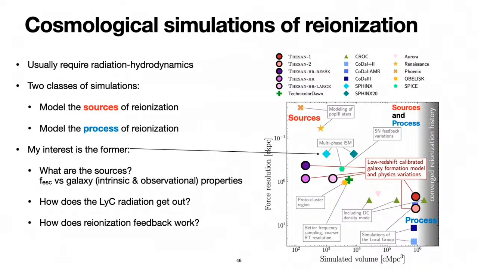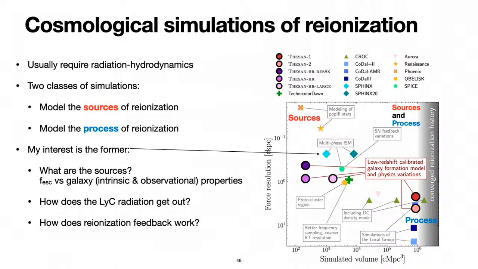For 21 centimeter emission. There are also reionization simulations where we try to resolve the sources of reionization. So which galaxies are responsible for producing the photons that reionize the intergalactic medium, and how that radiation can escape from those galaxies. In those simulations, you minimize the size of your volume because you want to resolve the sources, whereas in large volumes you cannot resolve galaxies.